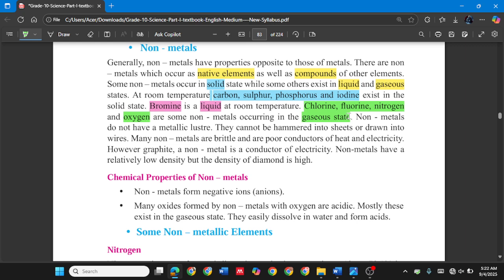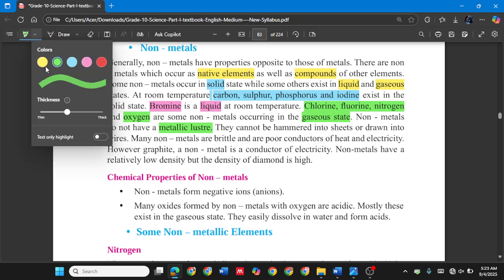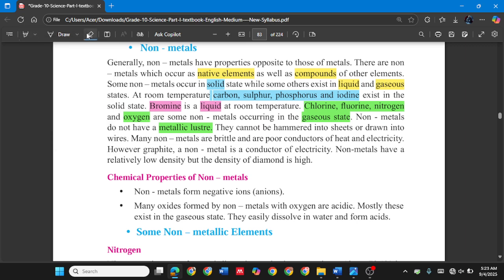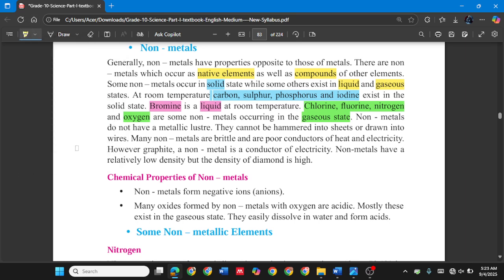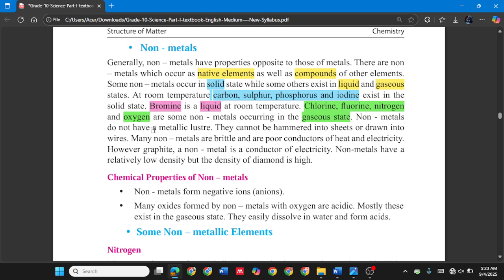Nonmetals do not have a metallic luster. They cannot be hammered into sheets or drawn into wires.